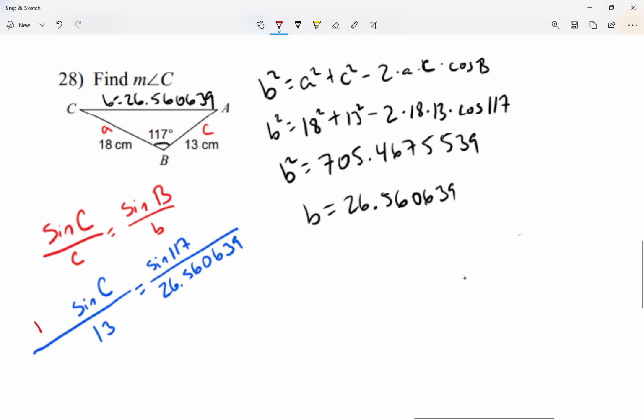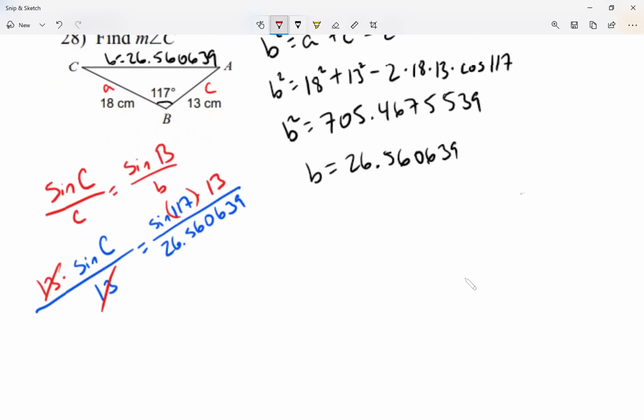Let me multiply both sides by 13 on the top, so this cancels out. Don't forget the sine has a parentheses. So it's going to give me sine of angle C, and I'm just going to multiply all that.